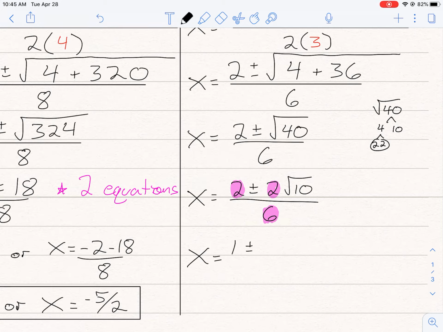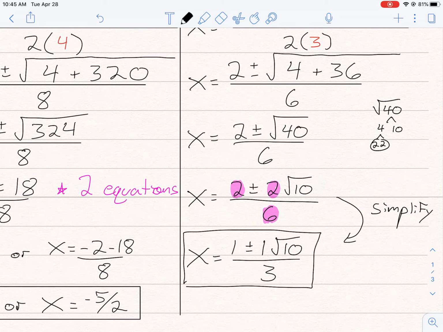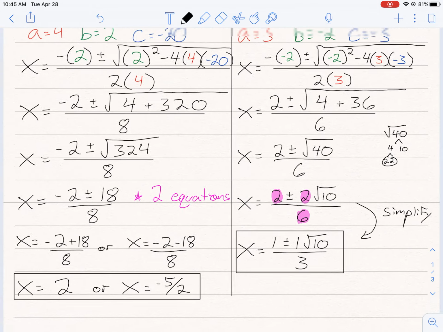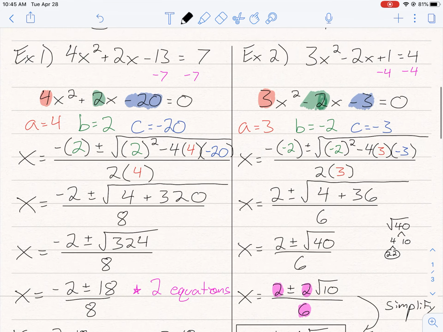So really, if I wanted to simplify this, I would have 1 plus or minus 1 square root of 10 over 3. So if we simplify, we get this answer. And it is two different numbers because you would have 1 plus 1 square root of 10 over 3 and 1 minus 1 square root of 10 over 3.